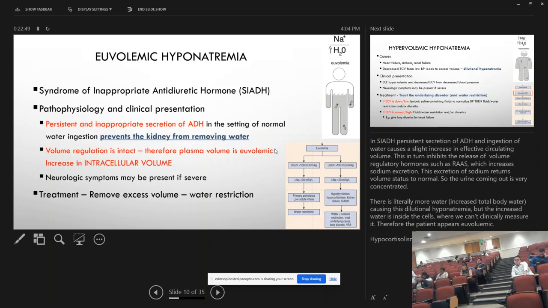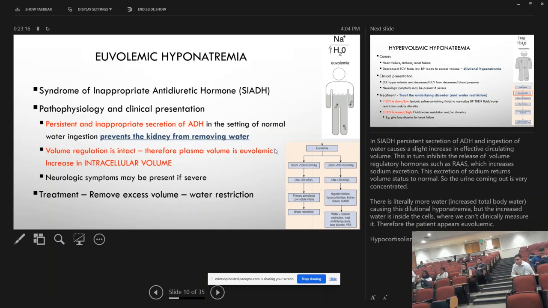You can see neurologic symptoms, but mainly if the sodium level is fairly low. Treatment would be to remove that excess volume and then water restrict the patient. And then there's a nice little pathway here that guides you down one versus the other based on some urinary sodium levels.